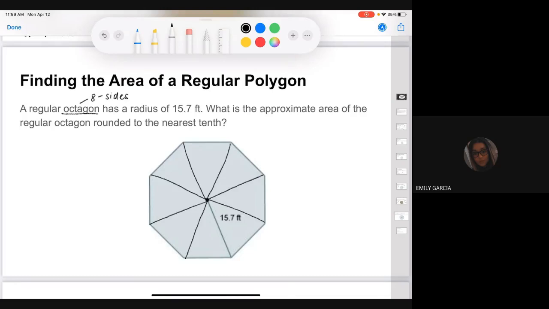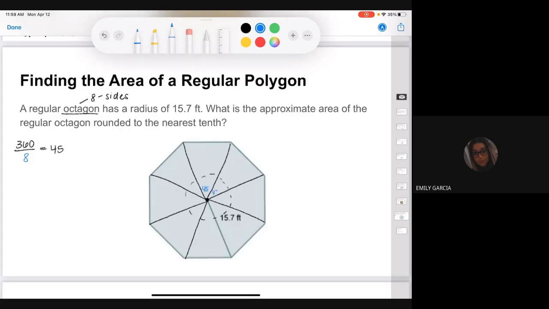Okay. And so that being said, what I'm able to do is find the central angle measures of each of these isosceles triangles. More specifically, if I had a circle that existed here, in order to find the central angle measure, I would take 360, the total interior angle of a circle, divided by the number of sides, in this instance 8, and I would be able to identify that my central angle is equal to 45 degrees.